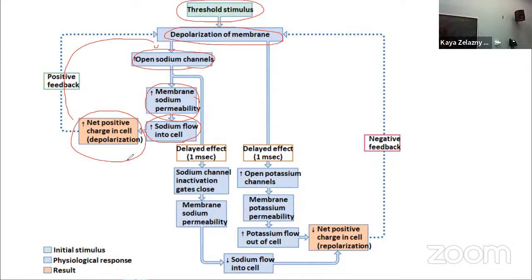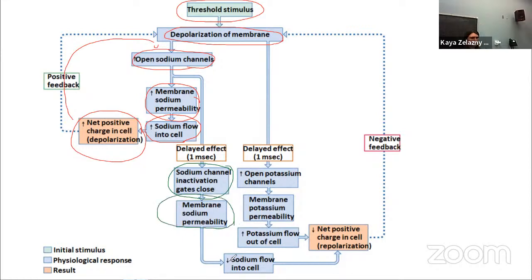After about a millisecond, the inactivation gate swings closed, closing the sodium channels because now we don't have a way through anymore. So the delayed effect of that depolarization is that our sodium channel inactivation gate closes, which means that our sodium permeability is dropping.